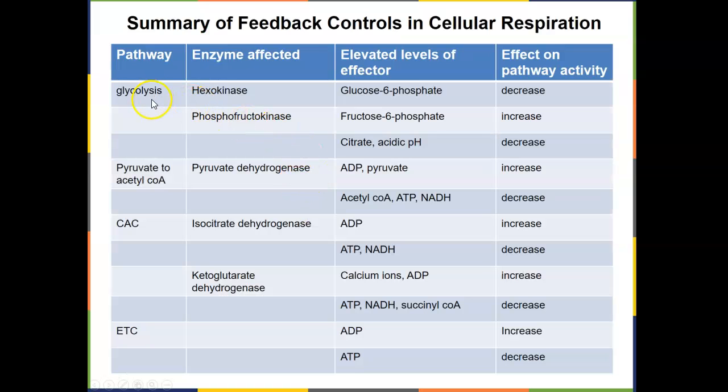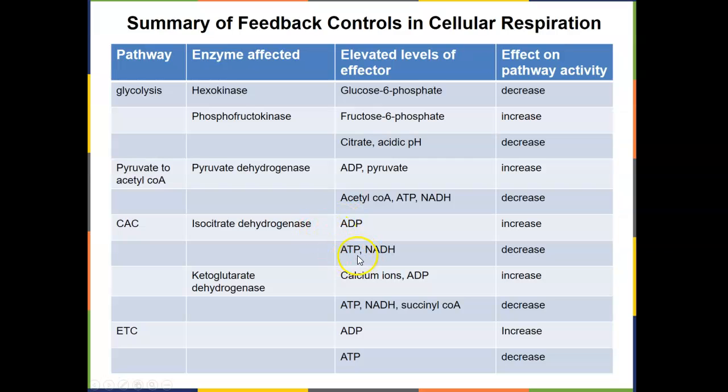You don't have to memorize any of this, but various steps along the process, the electron transport chain, citric acid cycle, pyruvate to acetyl-CoA, and even glycolysis, all of them have an enzyme that is inhibited by one of the products of the reaction, all right, or stimulated by a product of the reaction.